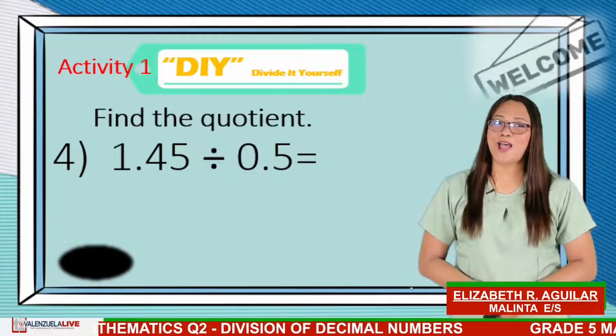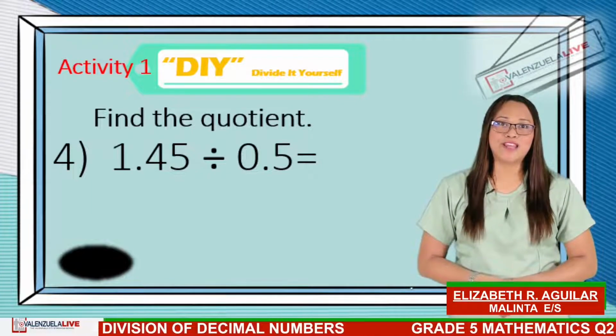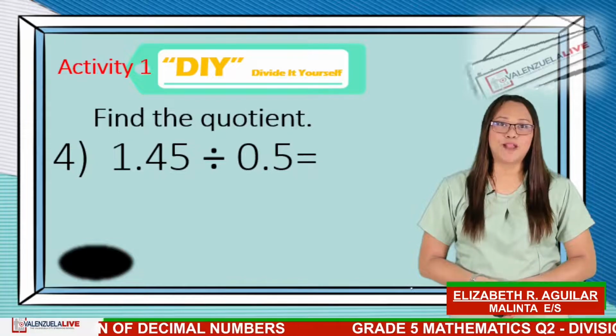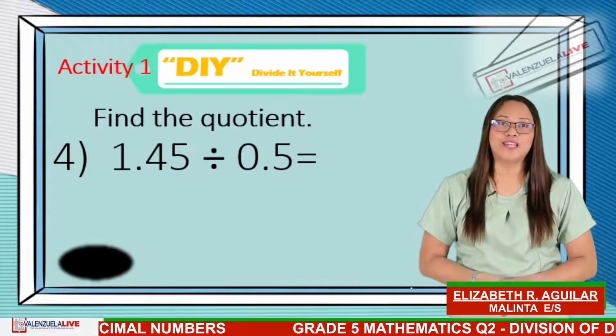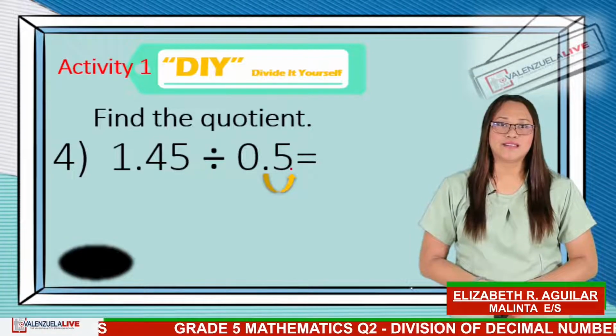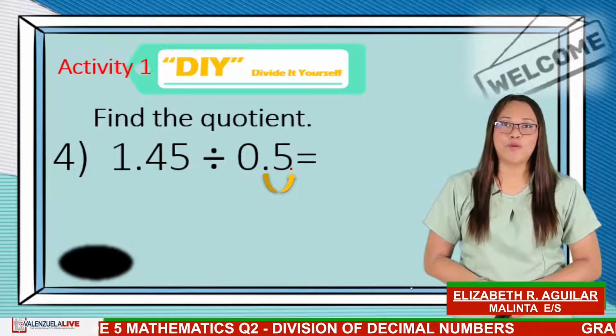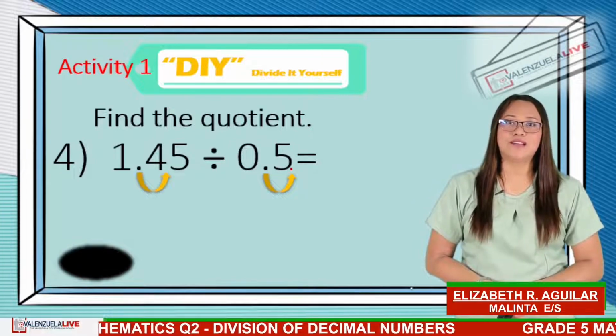Okay, time is up. So this time we are going to make the divisor a whole number by moving the decimal point 1 place to the right. So with the dividend, we need to move the decimal point 1 place to the right.